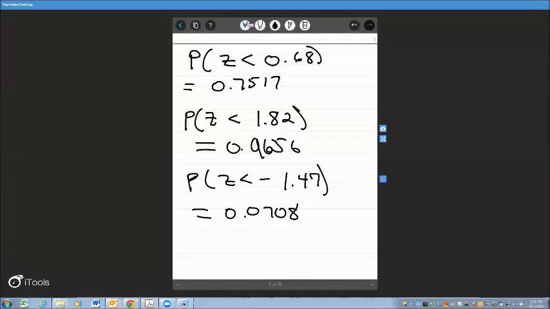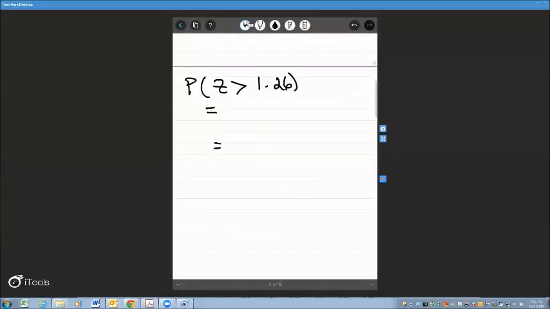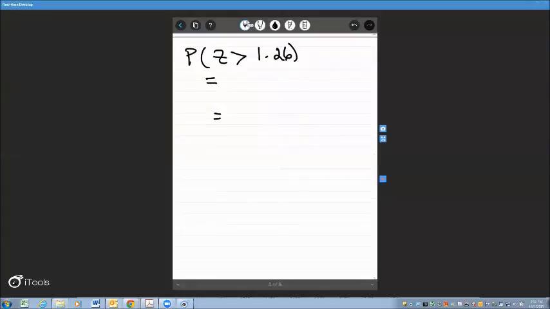Okay, now we're going to go on to some examples of greater than. With greater than, we have a little more difficulty, but not too much more. Know that we have a normal or a bell-shaped curve, and that's not a very good bell-shaped curve, but we'll deal with it. And here's 0.